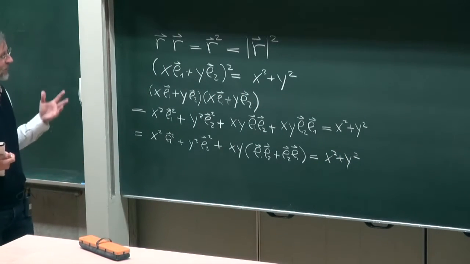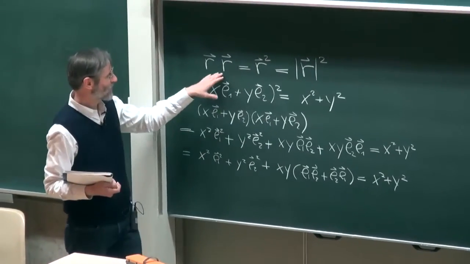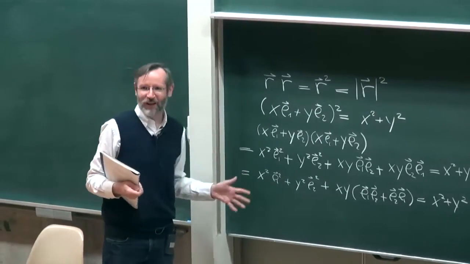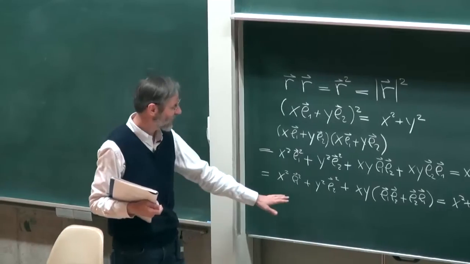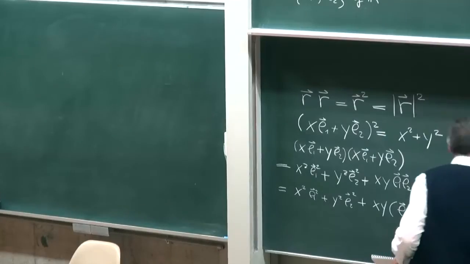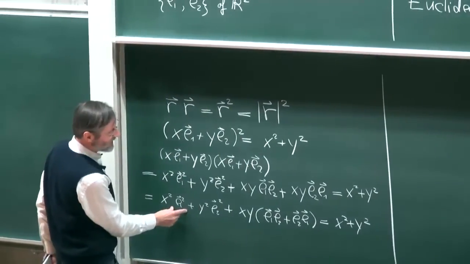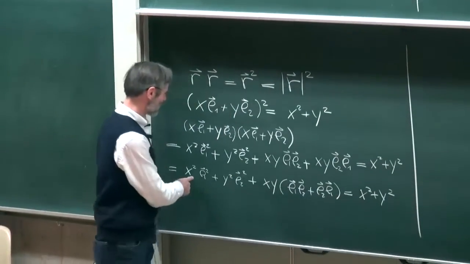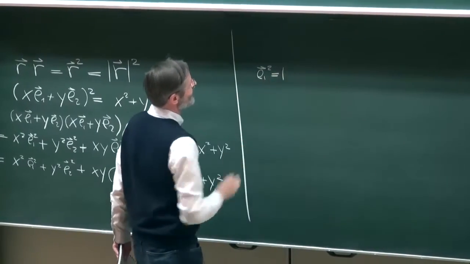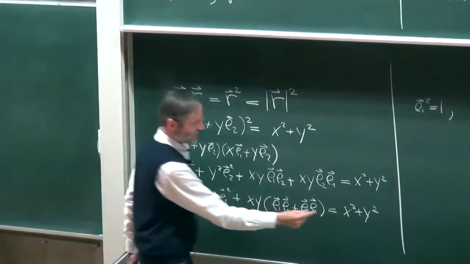So we say we want this new product to have the property that r squared is the length of r squared. If we work out what that really means, then the left side must be equal to the right side. And so that this can truly happen, we need that e1 squared is nothing but 1. So this is the first requirement: e1 squared is 1. And then e2 squared must also be 1.